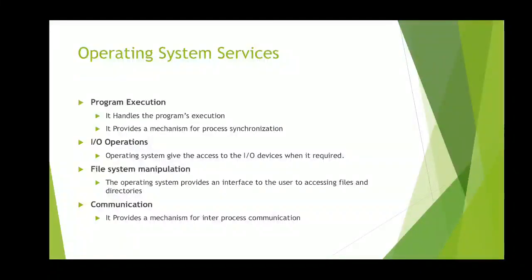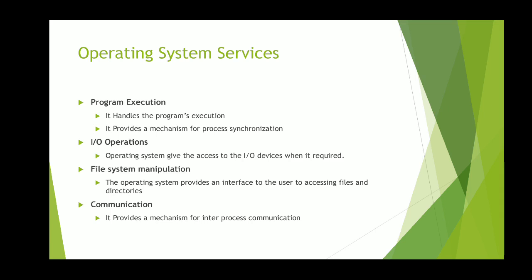The next operating system service is the IO operation services, which handle the various IO devices attached to the system. These IO devices can be a keyboard, mouse or monitor in a computer.